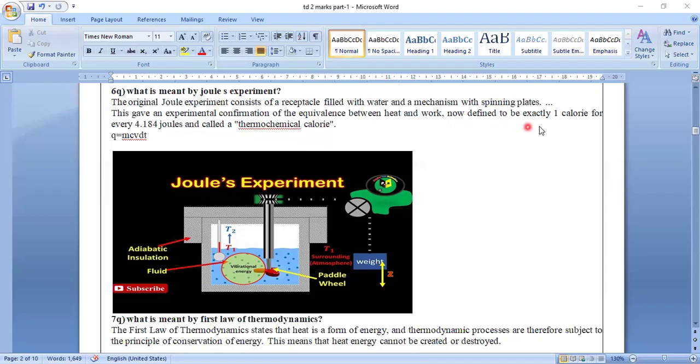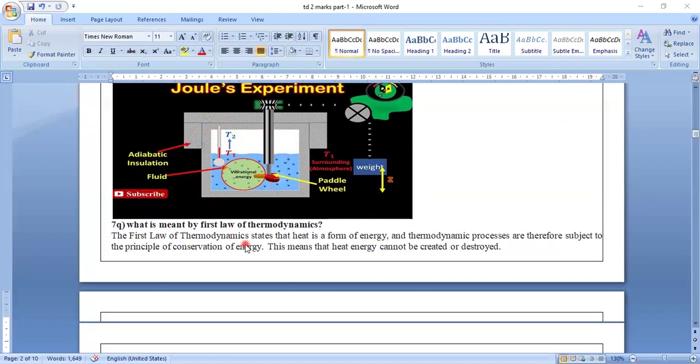Now it is defined to be exactly 1 calorie to every 4.184 joules, called a thermochemical calorie. And what is the heat generated? Q is equal to the mass of the water, at constant volume because volume is not changing, times the temperature T1 minus T2. This is the Q given by Joule's experiment.